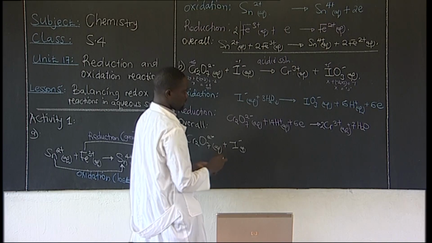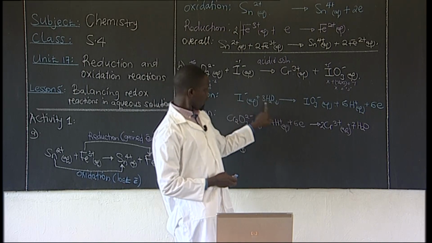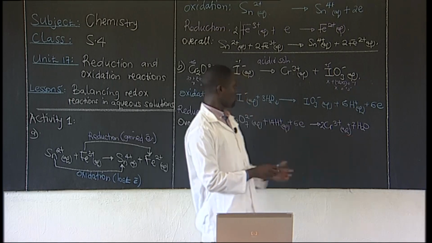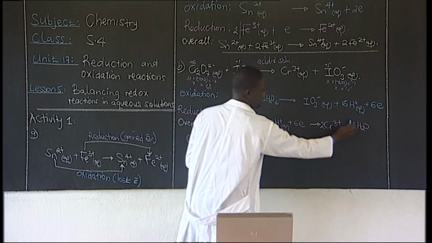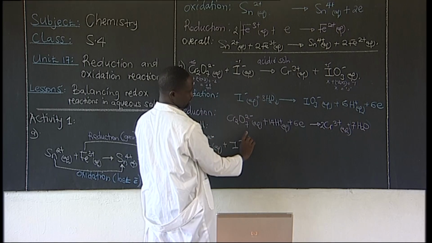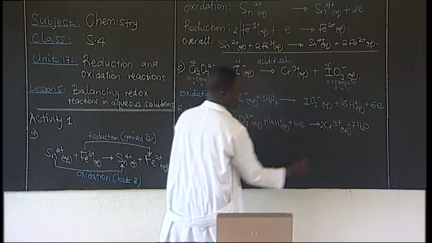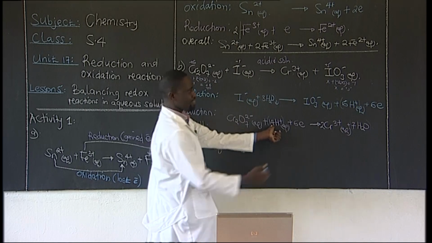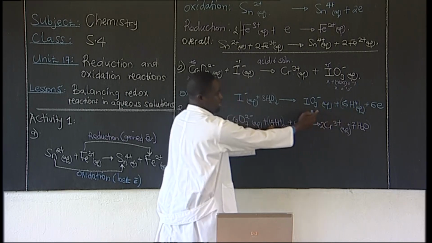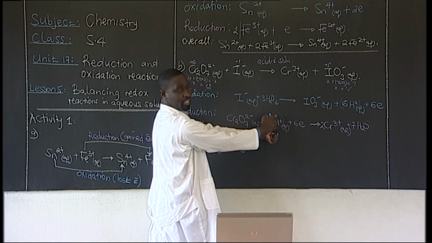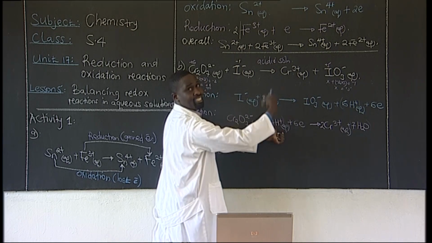Now, the trick comes in here. You notice we have water here. We have water. So what do we do? For water, okay, let's first handle hydrogen. We have hydrogen here and hydrogen here. Because this is more than this amount, this is 14, this is 6, we are going to bring this hydrogen this side, and when we cross the arrow, it changes the sign.